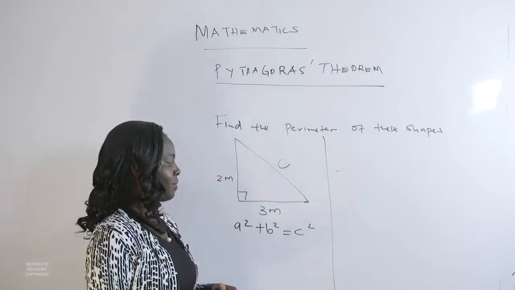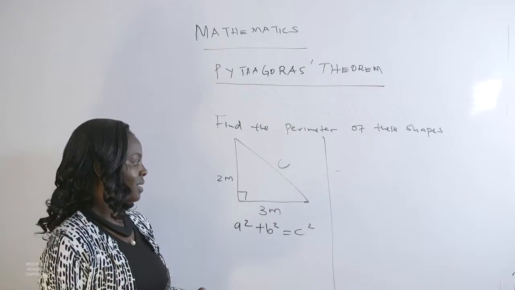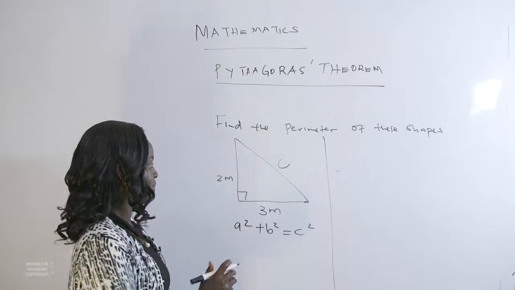A squared plus b squared will give us c squared.